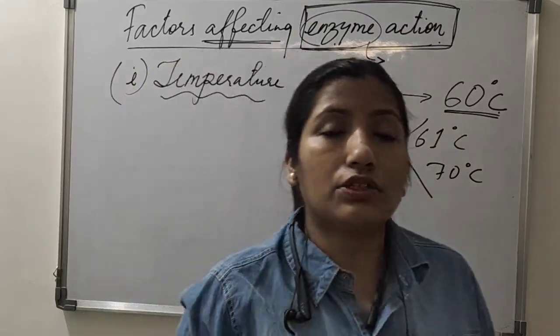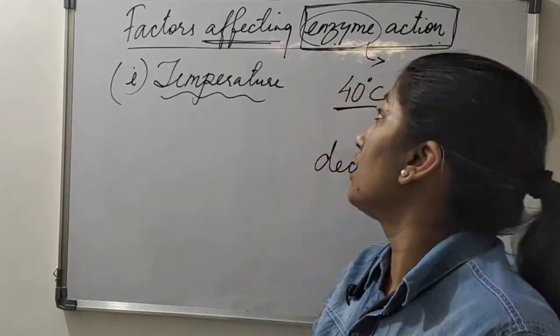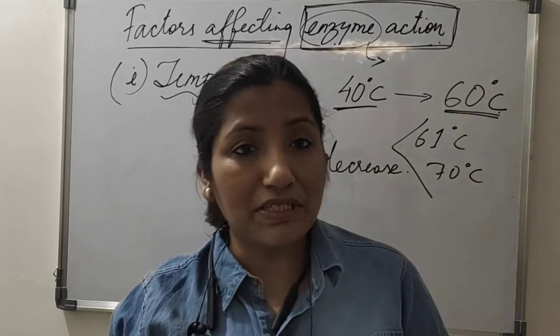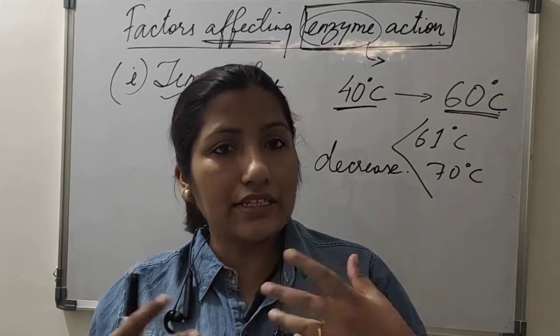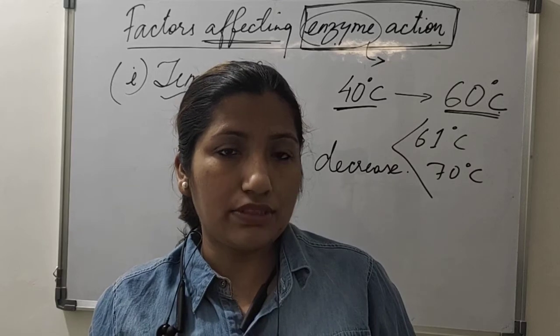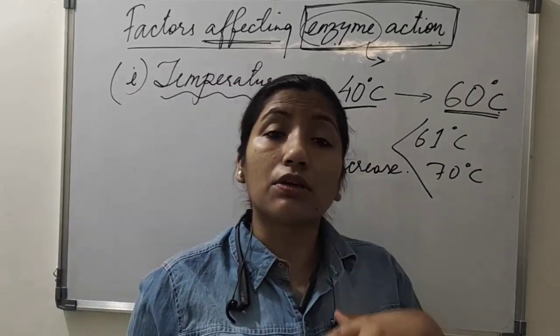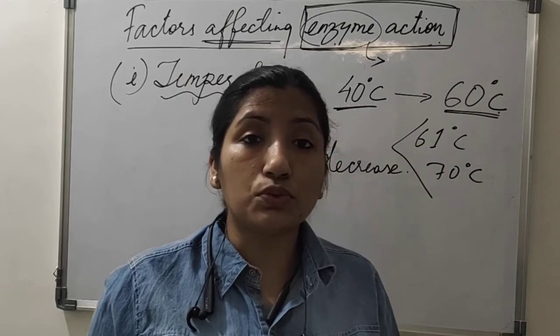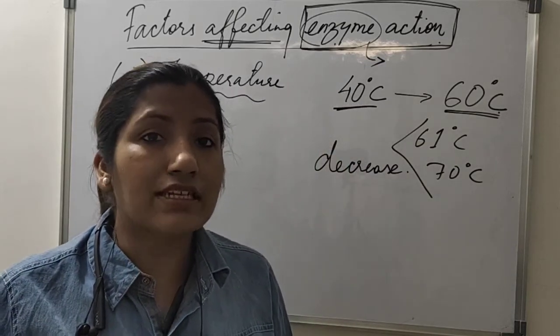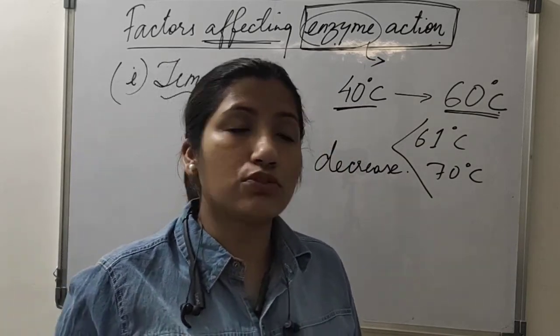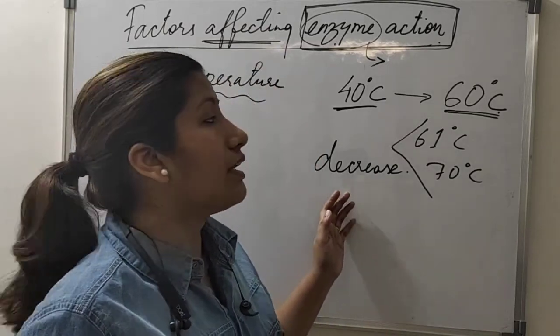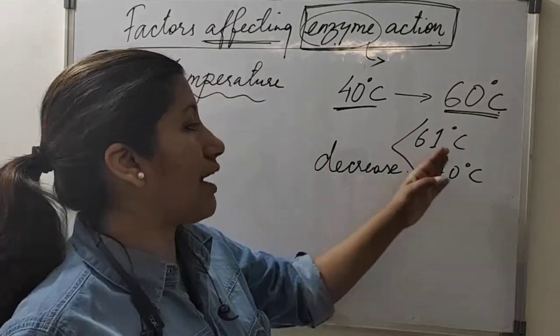Because due to high temperature the enzyme denatures. Denatures means it degrades, it breaks down. The enzyme does not work. It is supposed to work as a catalyst, but that function it won't be able to do because it is degenerated. And why is it degenerated? Because of the high temperature.